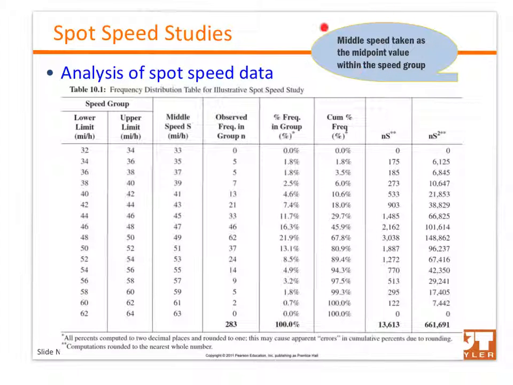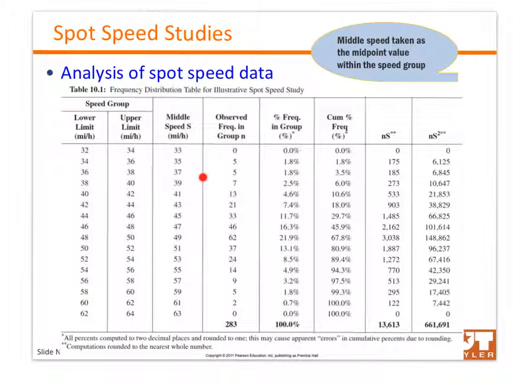This is what I put here, because eventually you need to plot a bell-shaped curve like the normal distribution, and therefore you need to have a certain point. You cannot have a lower or upper limit. So typically we pick the middle point. If it's 32 to 34, we pick 33. For example, 62 to 64, we pick the midpoint, which is 63.